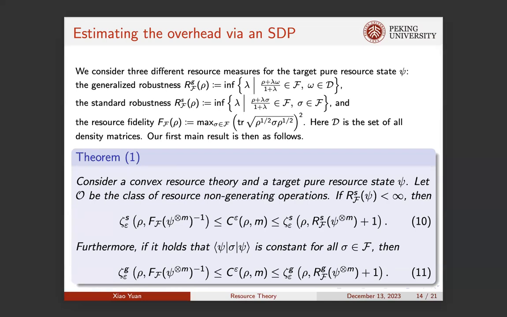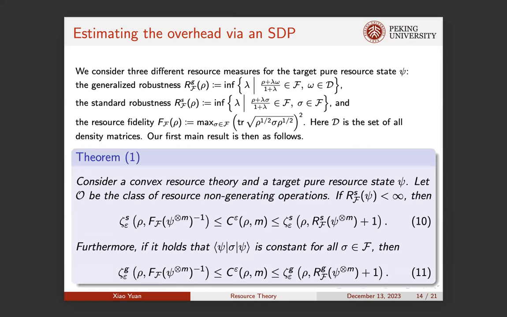For the two cases we have two different bounds, but overall they are quite similar. Just replace this S with this G. And here we have some parameters which depend on the amount of resource of the target state. The upper bound uses the robustness, and the lower bound uses the fidelity.